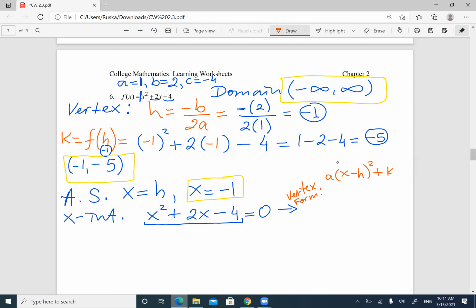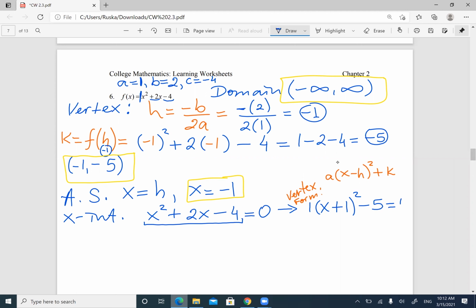Now I know a, I know h, and I know k. If I plug them in, I get the vertex form. What is a? a is 1. So I'm going to rewrite the equation in vertex form: 1 times x minus h. What is h? Negative 1. Minus minus is plus 1, squared, plus k. What is k? Negative 5.